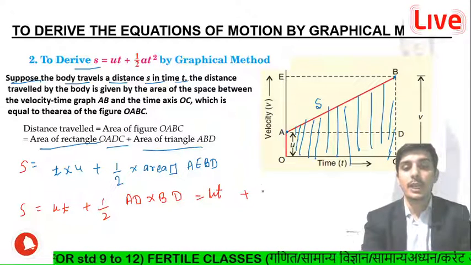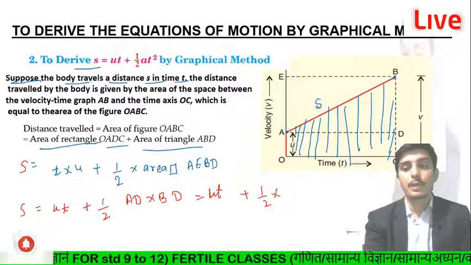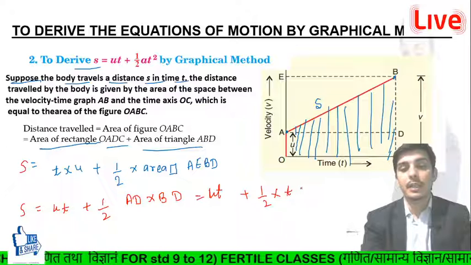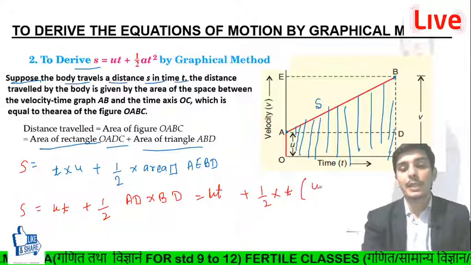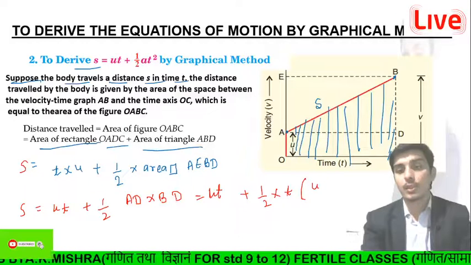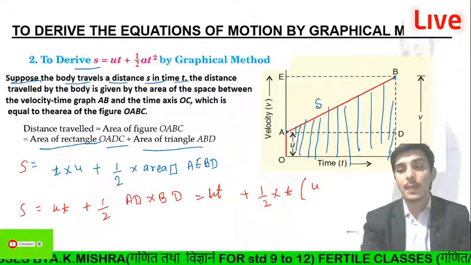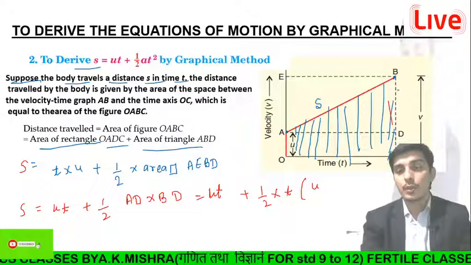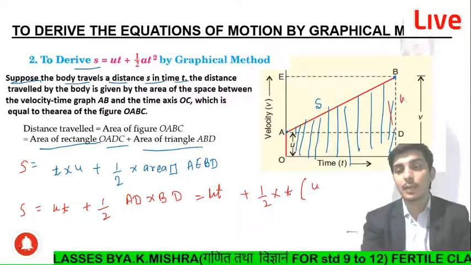So s is ut plus half, and BD is what, guys? The total distance is v, so we can say that BD is equal to v minus u.